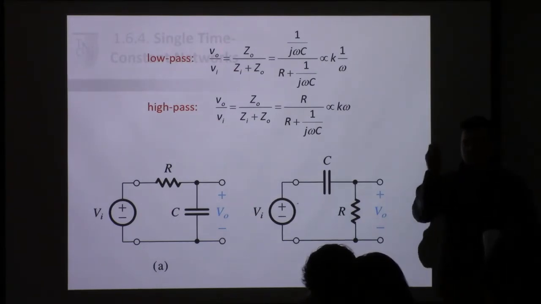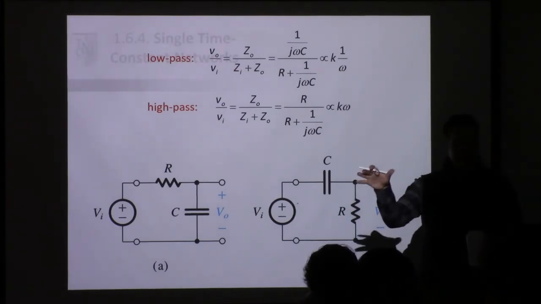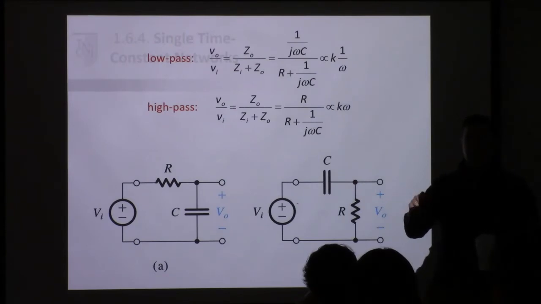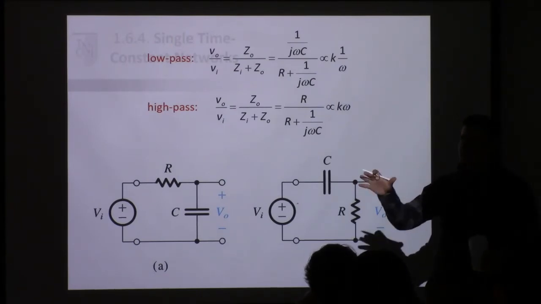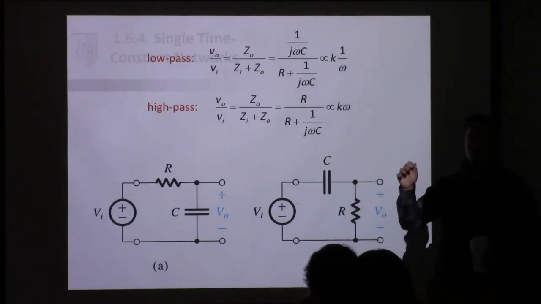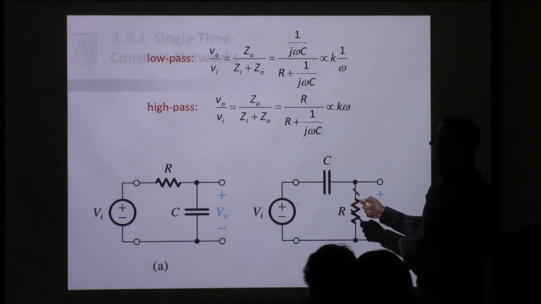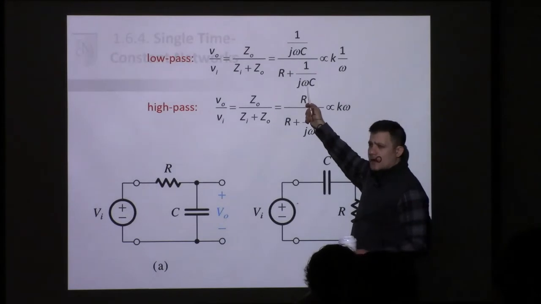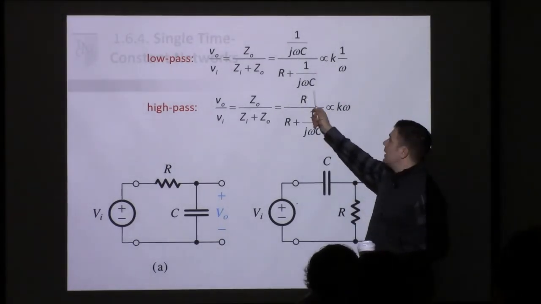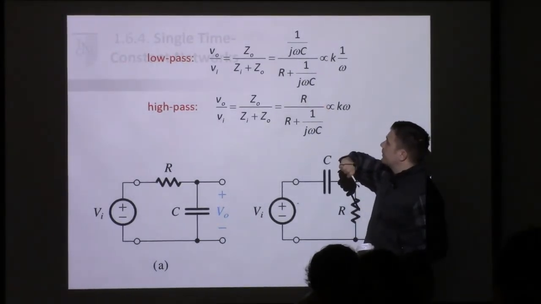So the impedance of a capacitor is equal to the reactance of a capacitor, which is equal to 1 over j omega C. Omega is the frequency of the signal applied across it, and C is the capacitance.